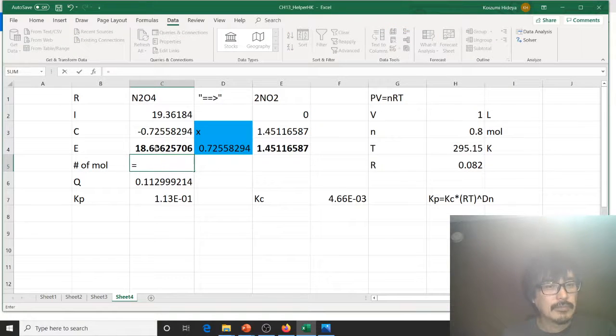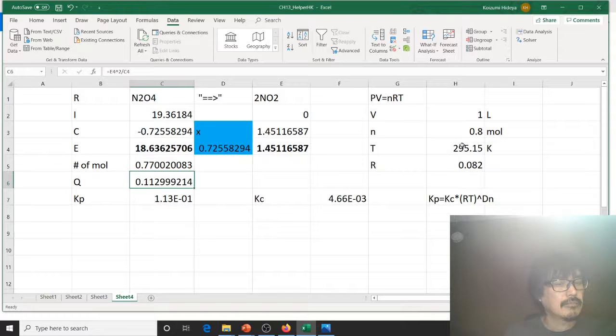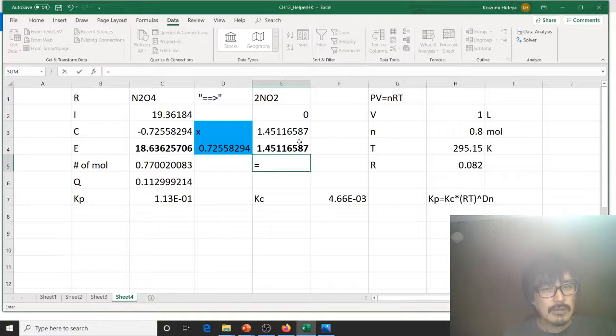Equal pressure times volume divided by parenthesis open R times T. Okay, I do the same thing for here. n is equal to pressure times volume divided by parenthesis open R times T.